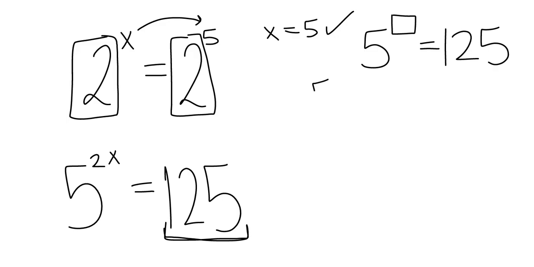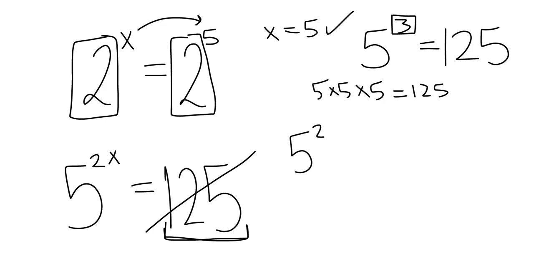You multiply 5 by 5 by 5, and that will give us 125, which means 5 to the power of 3. Excellent. I will replace this. Instead of writing 125, I will write 5 to the power of 3.